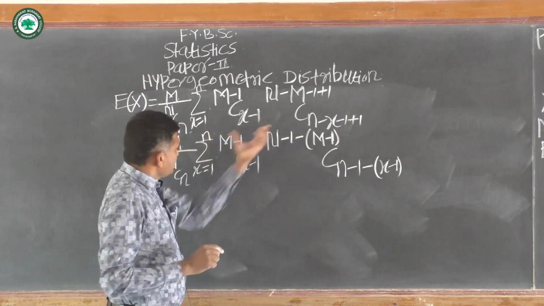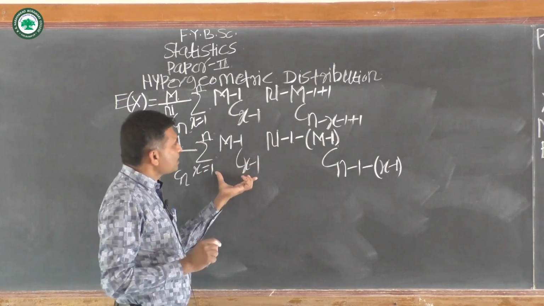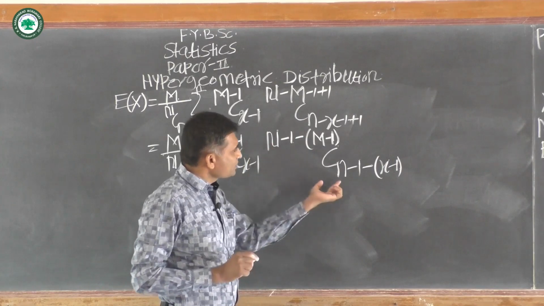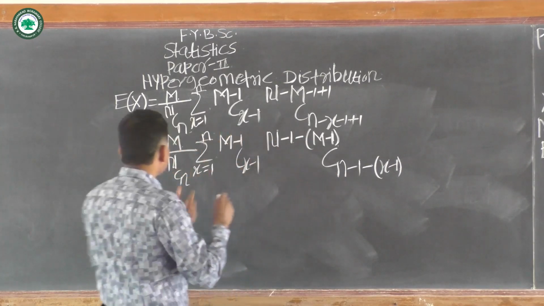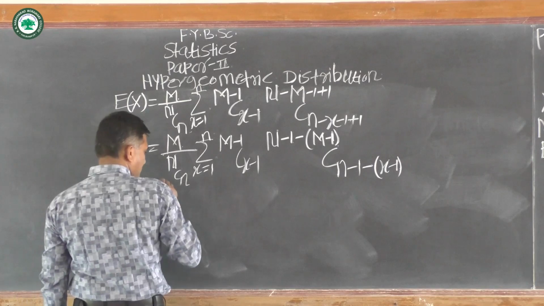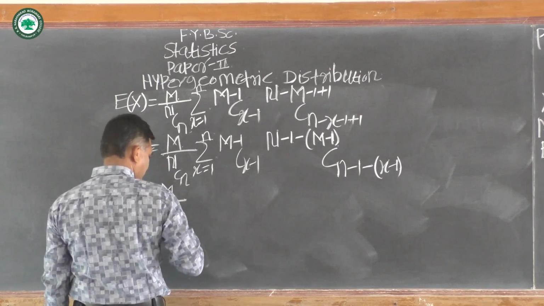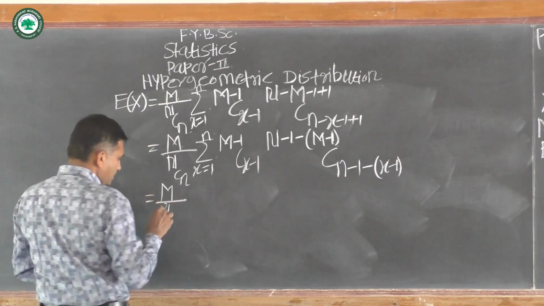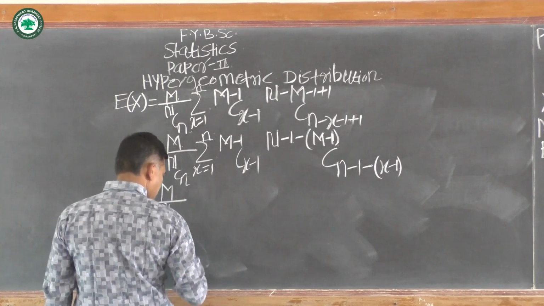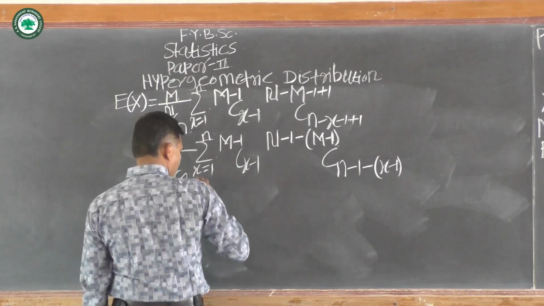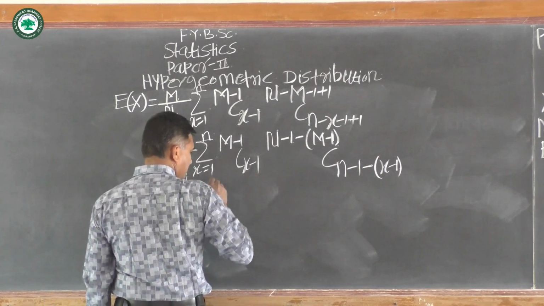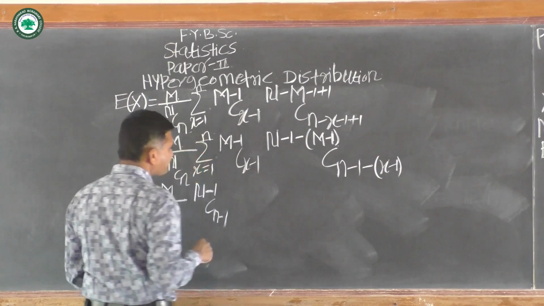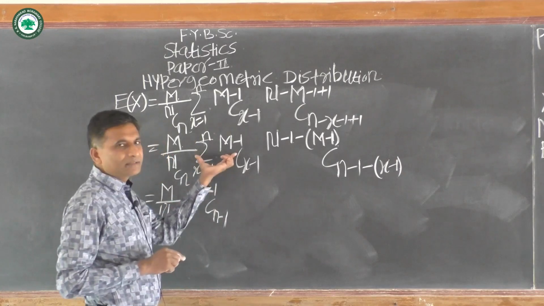Now the value of this summation is equal to (N minus 1)C(n minus 1). Okay, now this becomes M upon NCn into (N minus 1)C(n minus 1). This is the value of this summation.